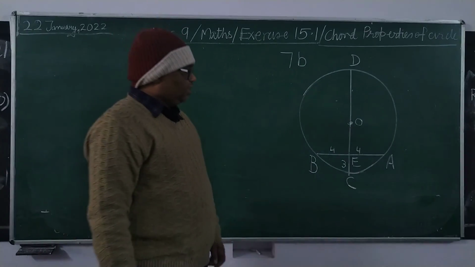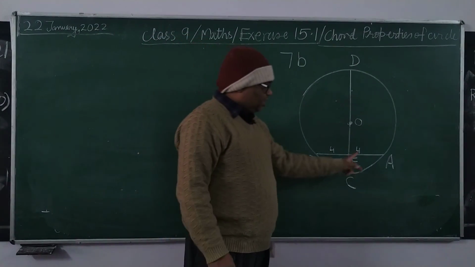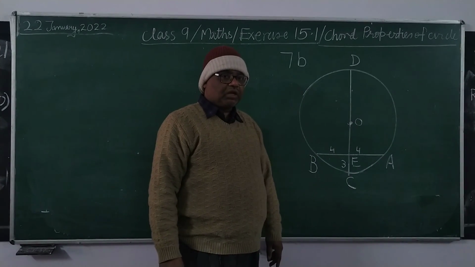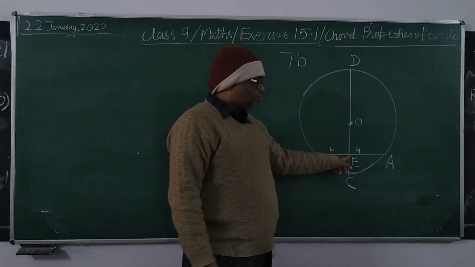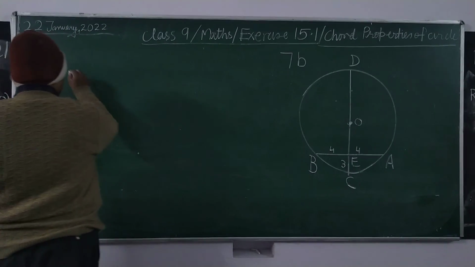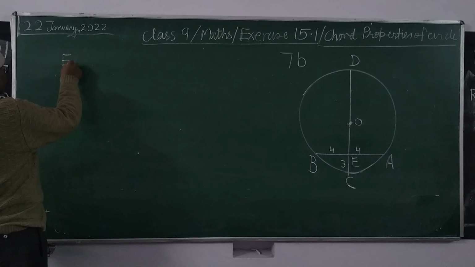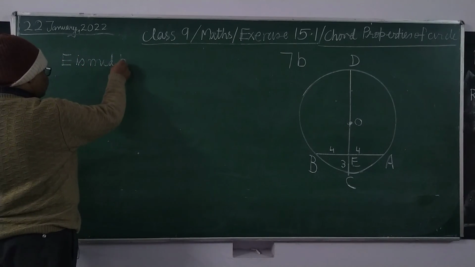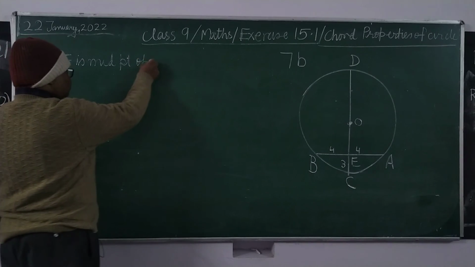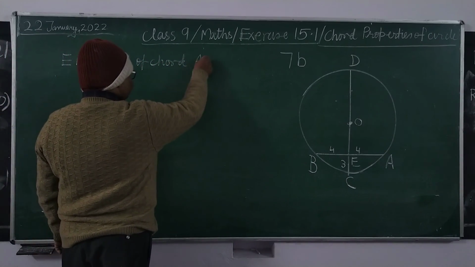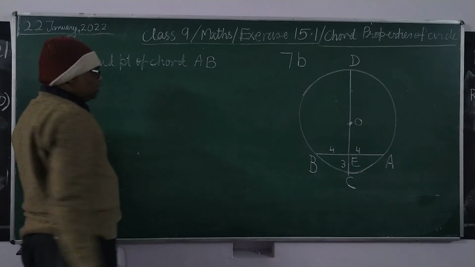So you can see here, AE and BE both are equal. Means E is the midpoint of chord AB. It's clear.